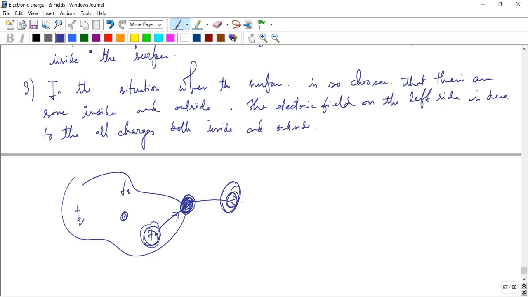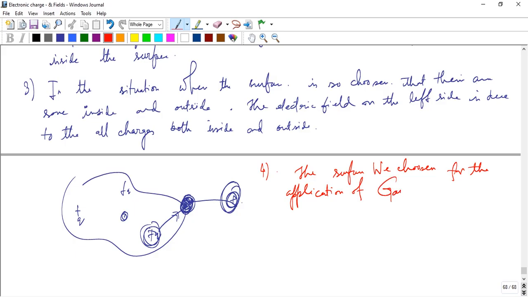Number 4 point, the surface chosen for the application of Gauss's law is called the Gaussian surface.